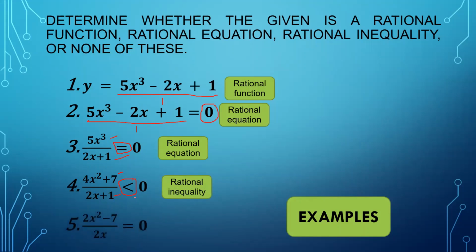So next we have (2x squared minus 7) all over 2x is equal to 0. So this is a rational equation since, again, it is separated by an equal sign and the numerator and the denominator are polynomials.